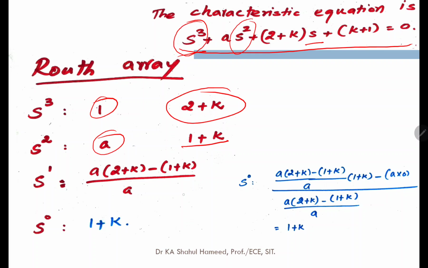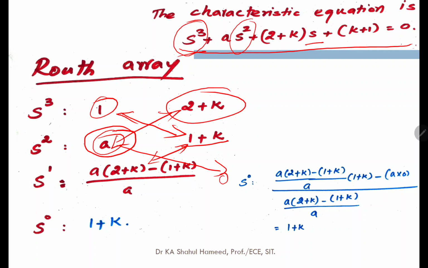Now, I am going to form the next row, that is the s^1 row. This can be formed by multiplying these two things, that is a and (2 + K), minus 1 into (1 + K), divided by this coefficient a. So, I get (a(2 + K) - (1 + K)) / a. Now we have to form the next row, that is s^0. This row can be formed by multiplying these two things, and here there is nothing, so I have to assume 0.